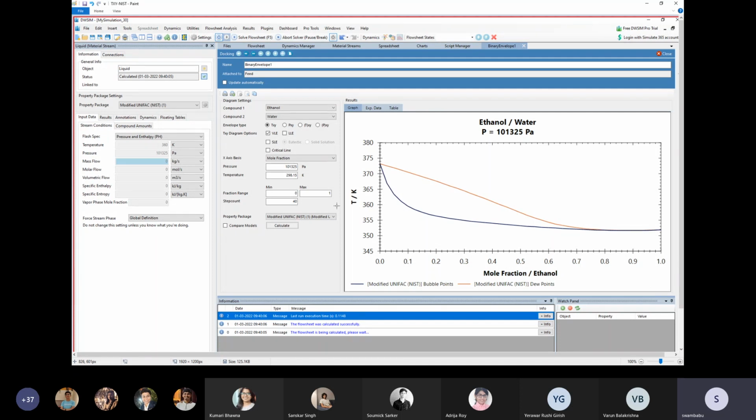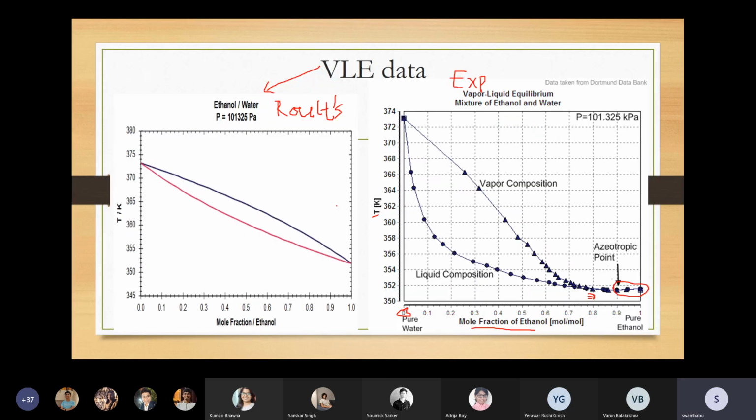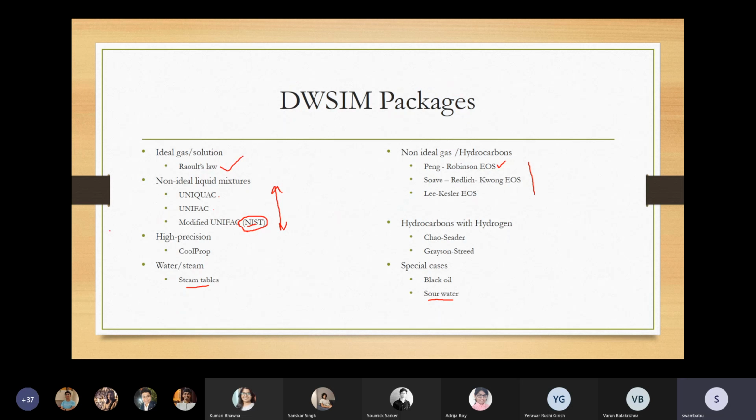Even though we have this non-ideal equation of state, UNIFAC and NIST one, for some liquid mixtures, the UNIFAC method predicts better than the NIST data. So we can't just say use NIST by default.